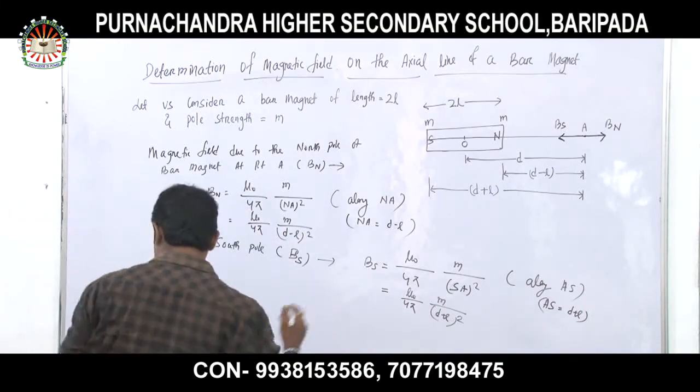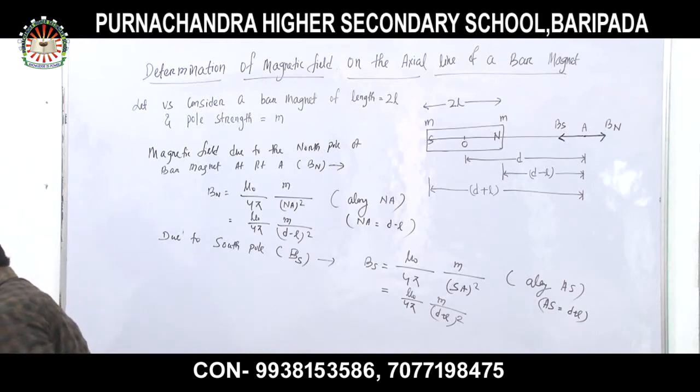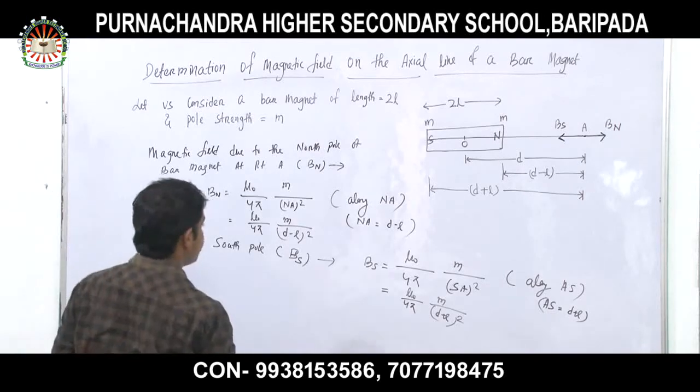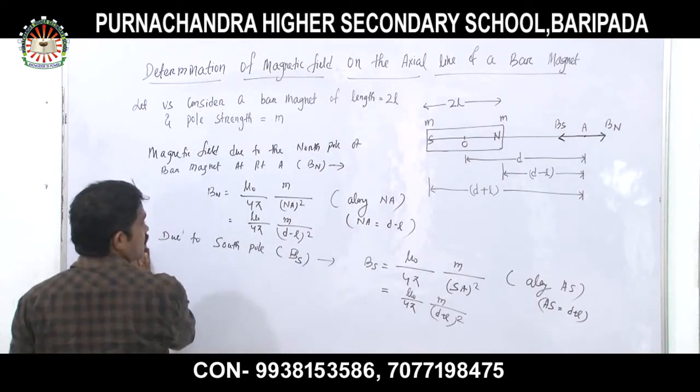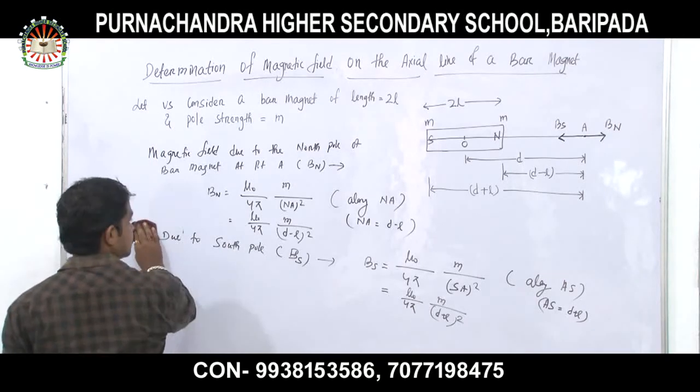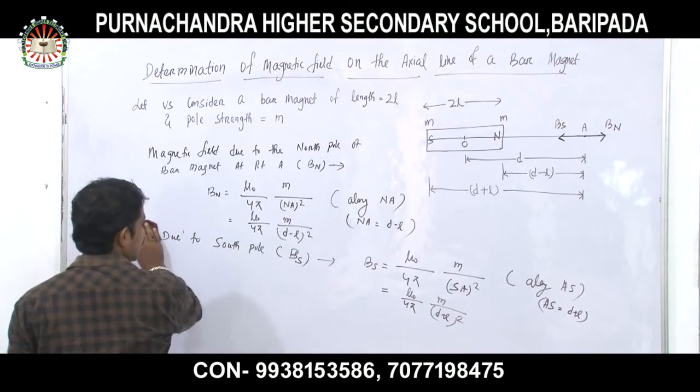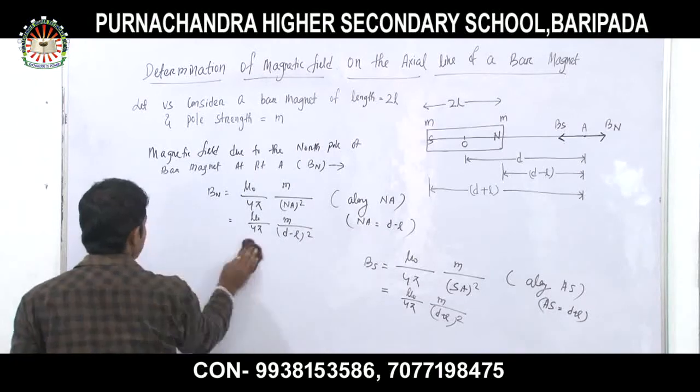Very simple. So what is my resultant magnetic field? So let us find out the resultant magnetic field. Okay, so this is Bs and this is Bn. Okay, so let us find out the resultant magnetic field. Here I have to mention.